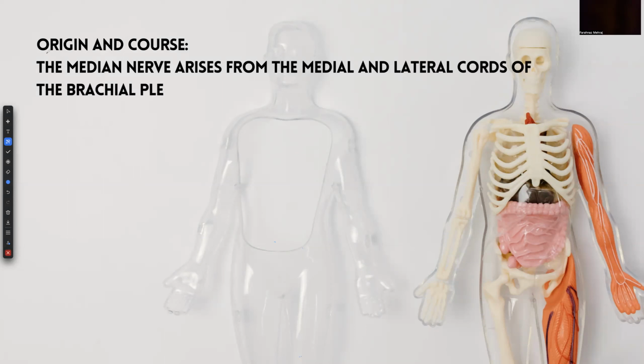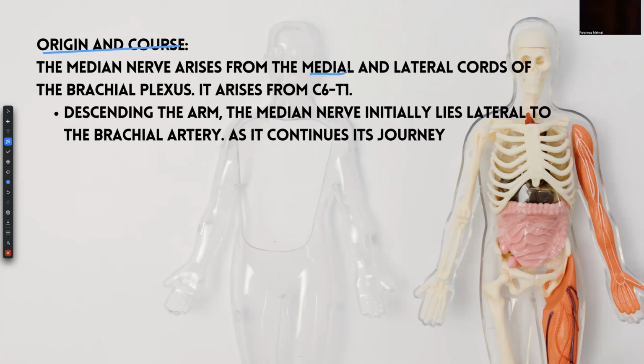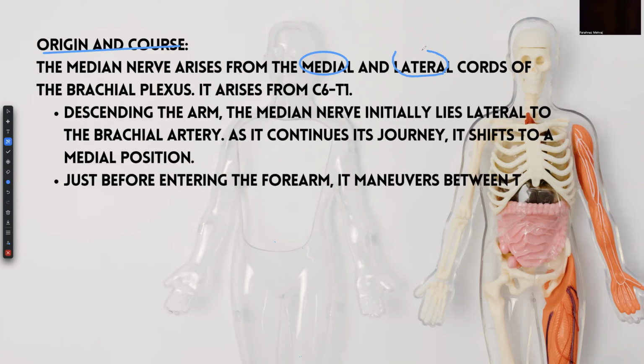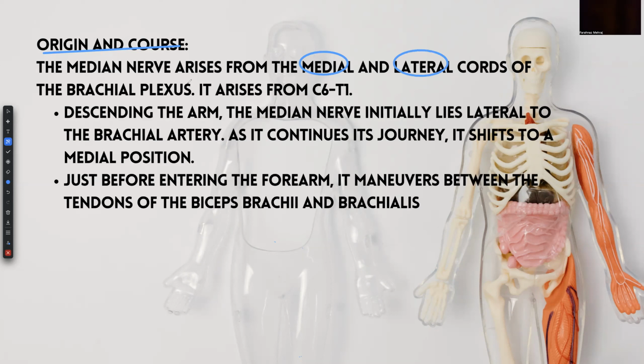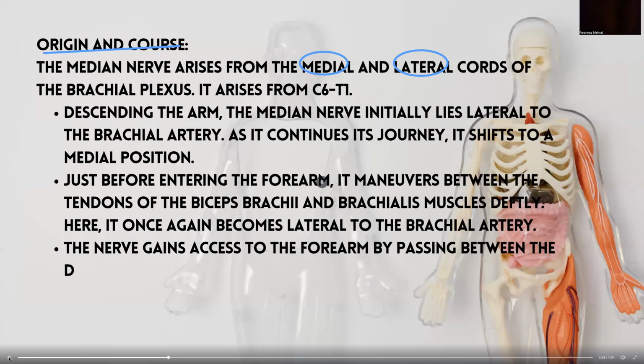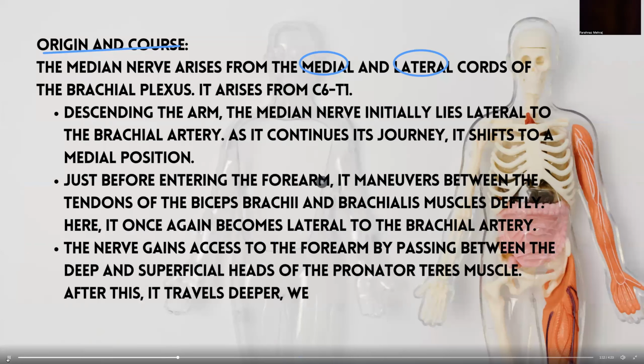So coming to the origin and course. The median nerve arises from the medial and the lateral cords of the brachial plexus. It arises from C6 to T1. There are a couple of things about the median nerve that we need to understand.